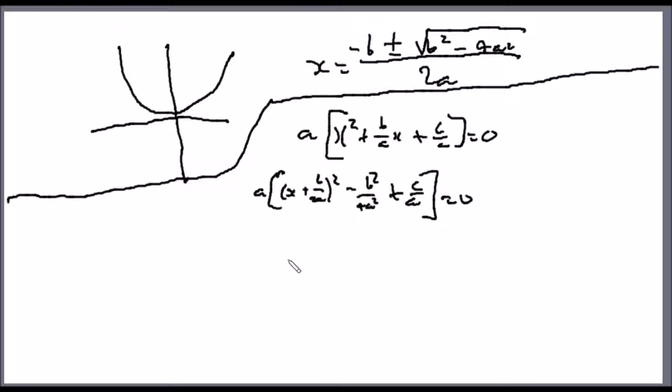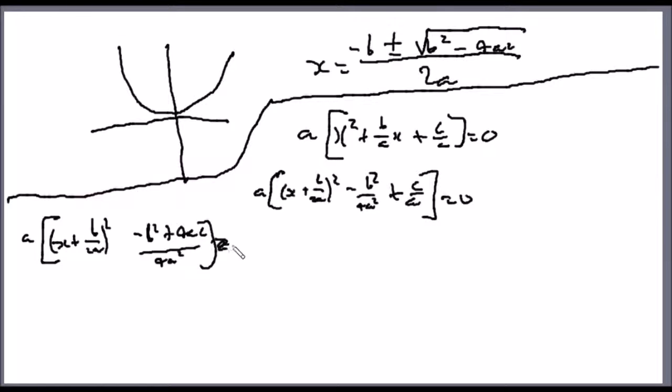And then what we want to do is put them together. Sorry if my handwriting's not great. So it's minus b squared plus 4ac, and this is all over 4a squared, so that equals 0.